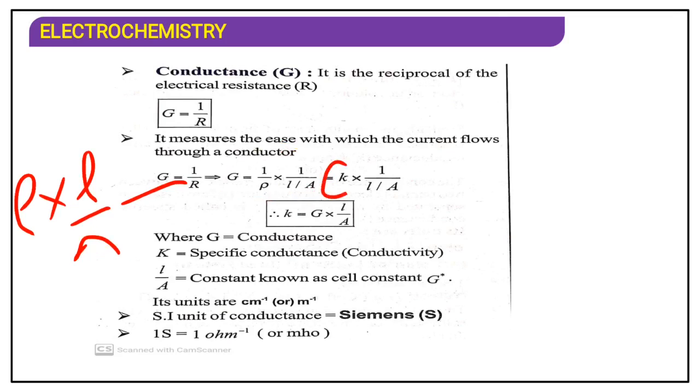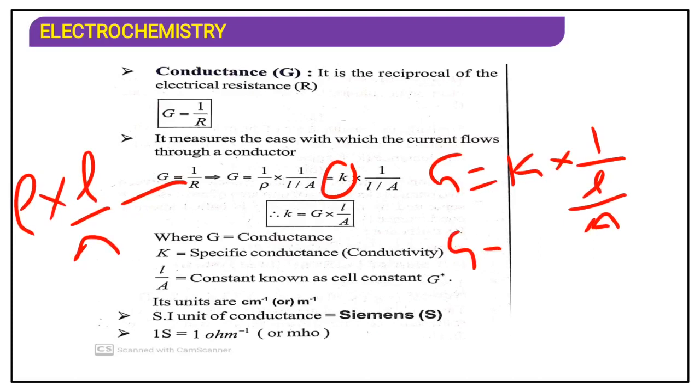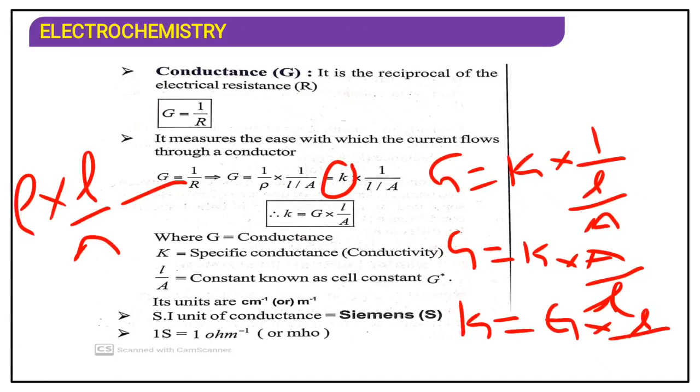Now, in the place of 1 by rho we use K. Then G is equal to K into 1 divided by L by A, so G is equal to kappa into A divided by L. Now kappa is equal to G into L divided by A. This L divided by A is the cell constant.